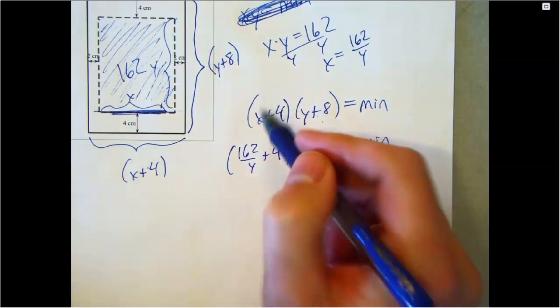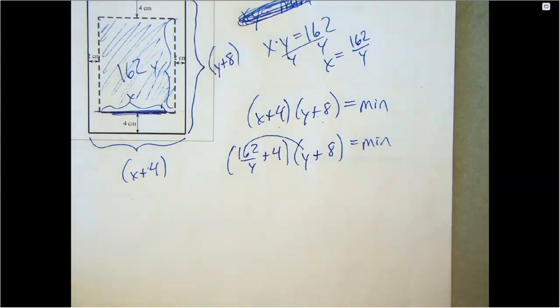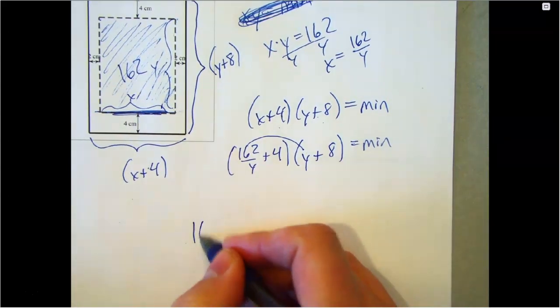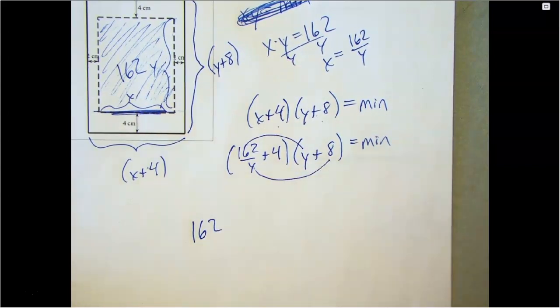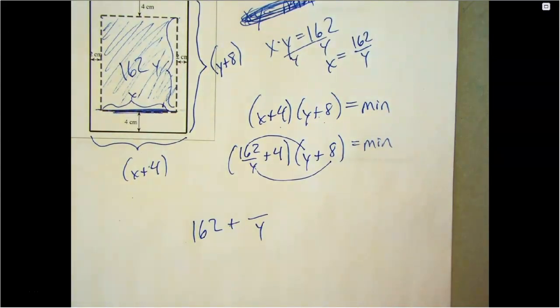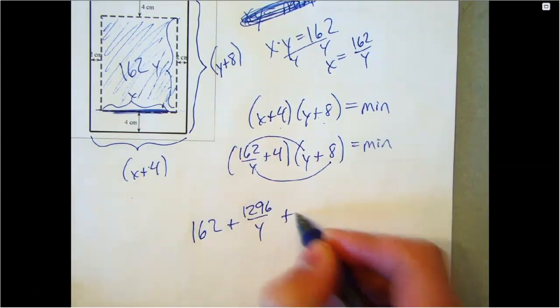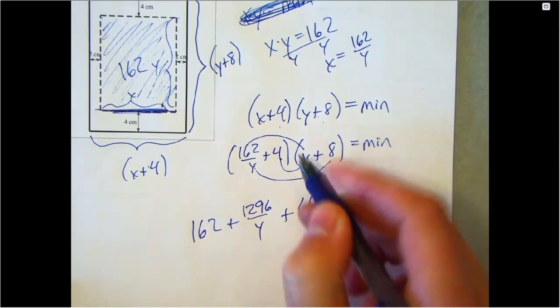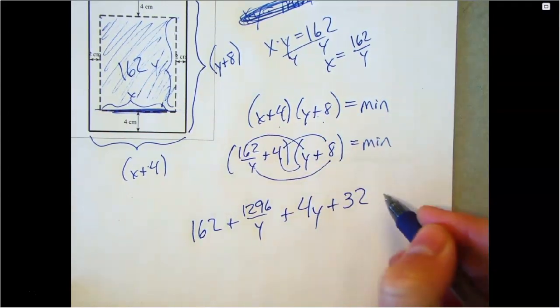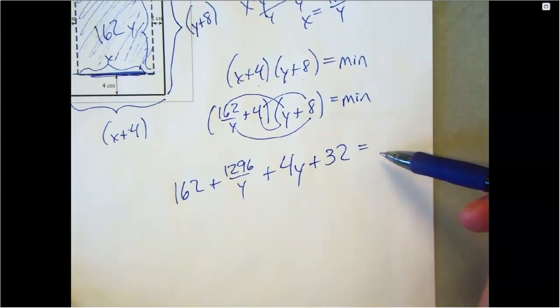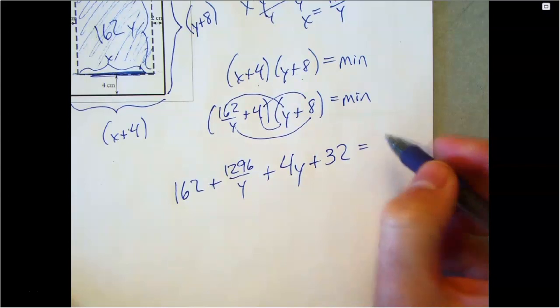Alright, so let's FOIL it. 162 over y times y is 162. 162 over y times 8 is 1296 over y. 4 times y is 4y. 4 times 8 is 32. And is this equal to min or equal to 0? Min, because I didn't take the derivative yet, right?